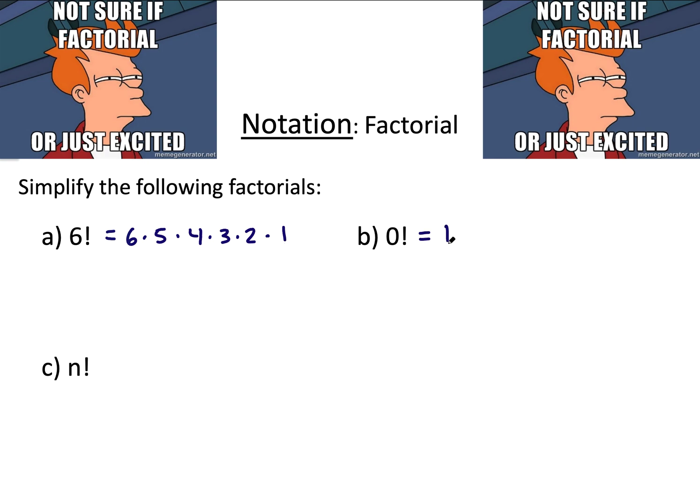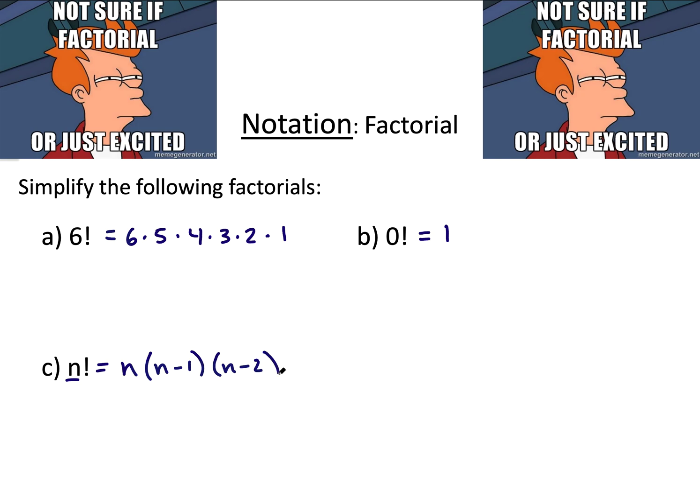And the last one that's kind of important for where we're headed is something like n factorial, right? If it messes with you just as n, then think about n as a number. What if it was 6 factorial, then 6 times 5 times 4 times 3 times 2 times 1? But this is saying, let n be the number that you're starting with. So if I start with n, then the number before it would be n minus 1. The number before that would be n minus 2, and so on, right?